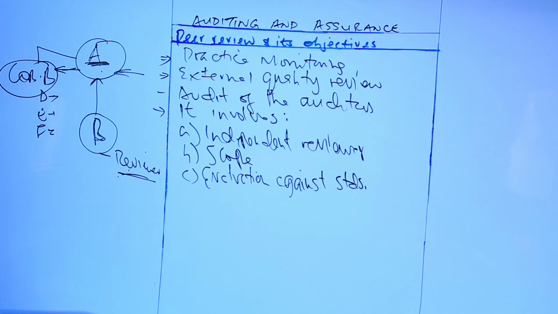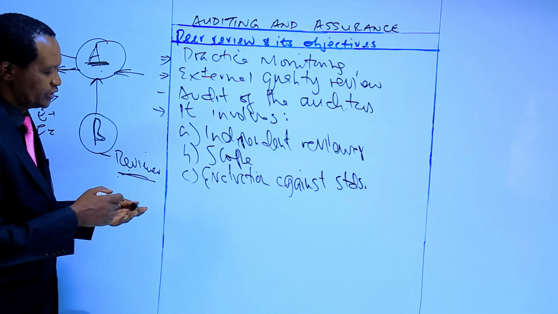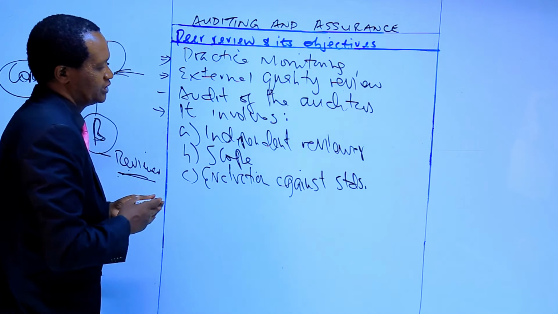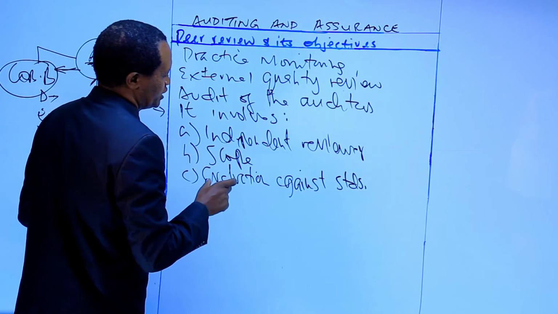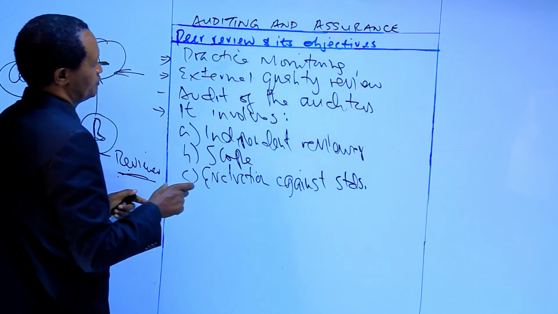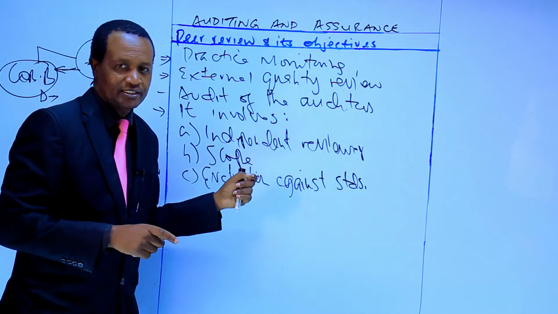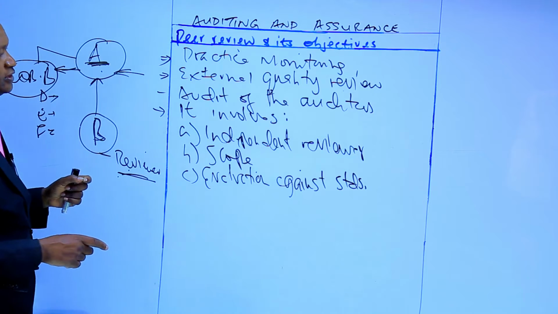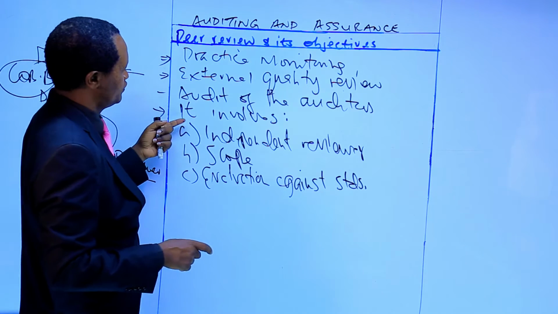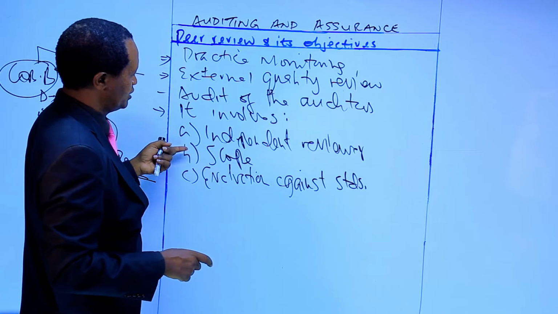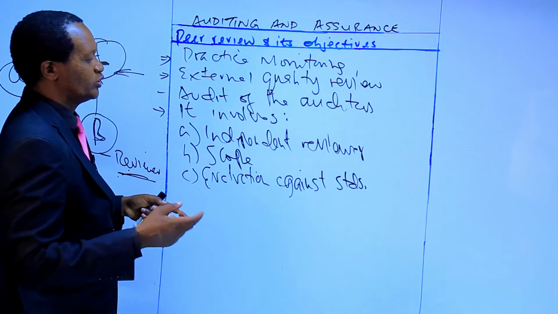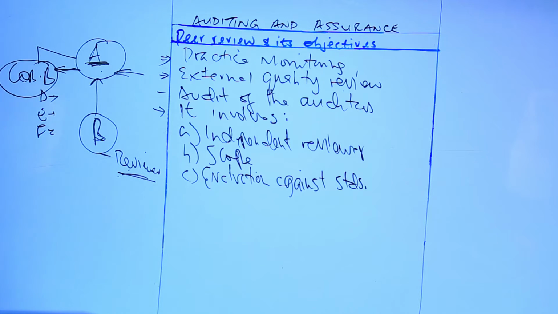These standards could be the international standards on auditing, or generally accepted government auditing standards, or any other standard. So the review is done by evaluating the work that is done by the auditor against certain standards. Do you understand? So a peer review involves an independent reviewer, there is the scope, and there is also evaluation against standards.